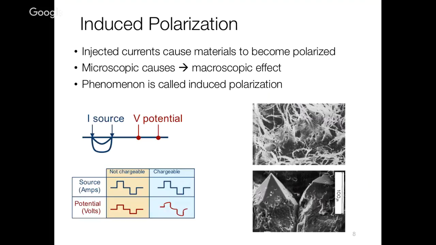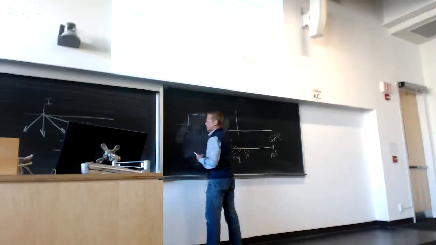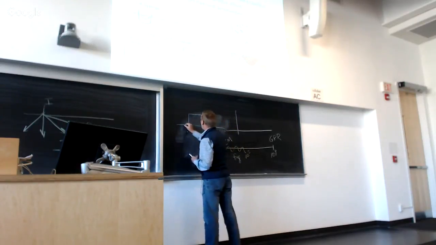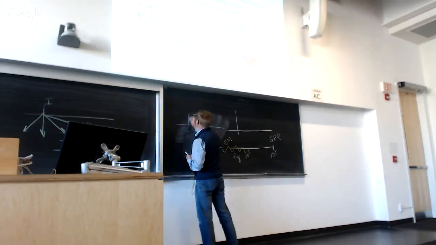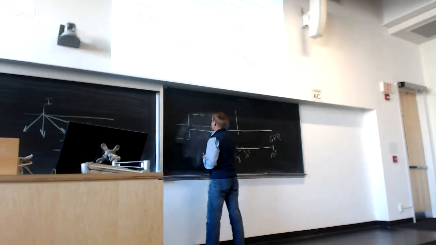So in the case where the Earth material is just not chargeable, I turn the current on, and then my voltage goes up the same.